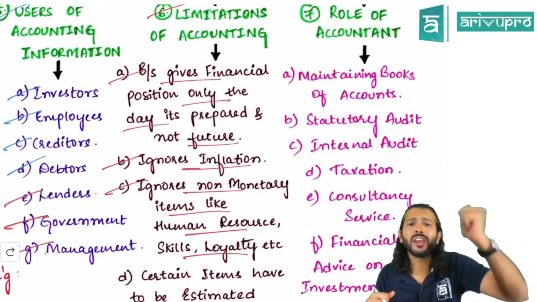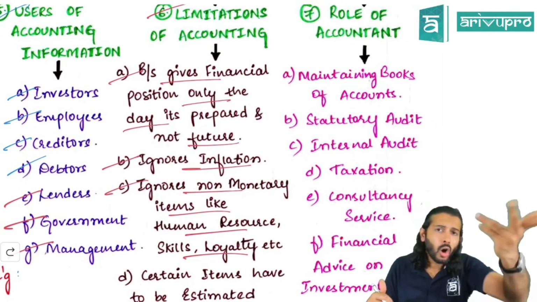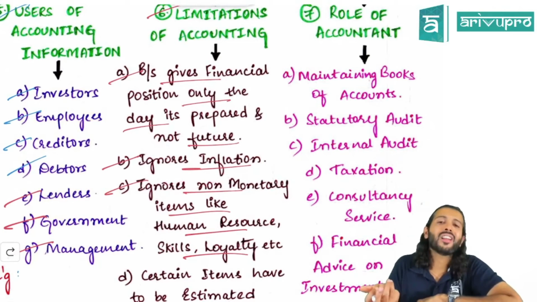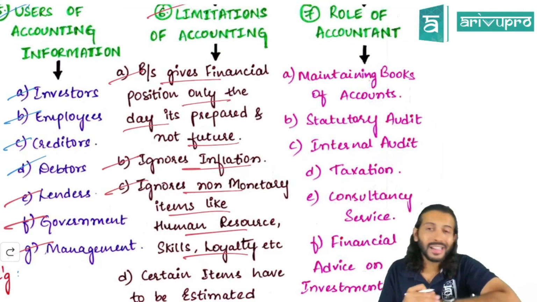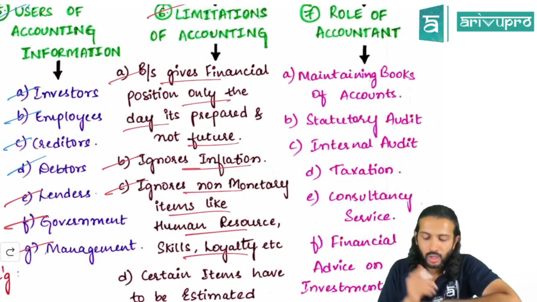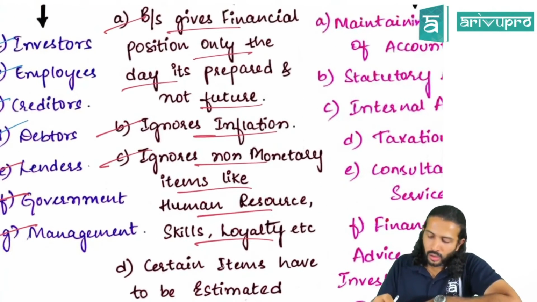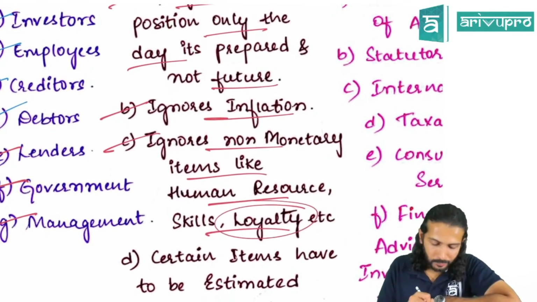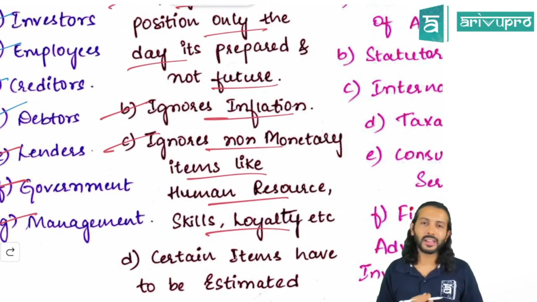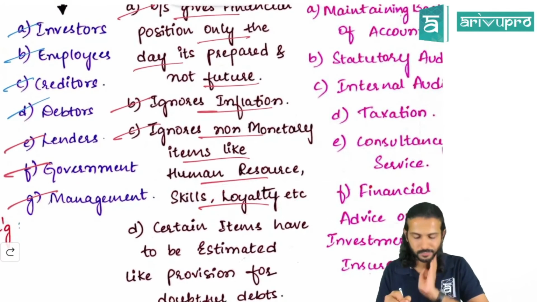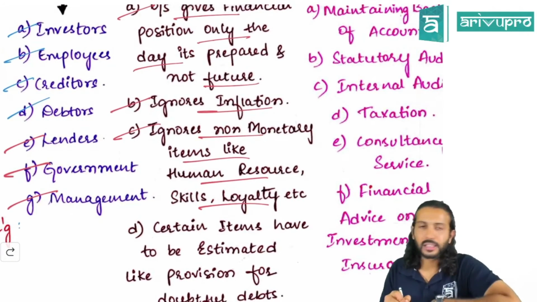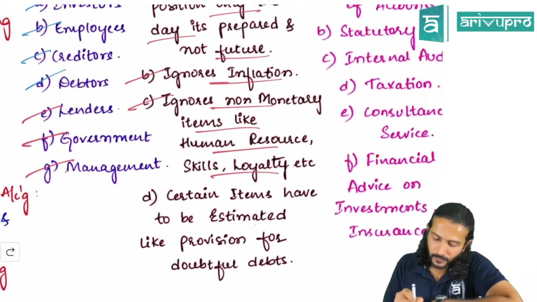They will be very loyal to the company. All that you cannot record in accounts because you cannot measure their value. That is one of the limitations of accounting. When we say loyalty, it is not goodwill. Goodwill is something different. We will see it another day, not now.